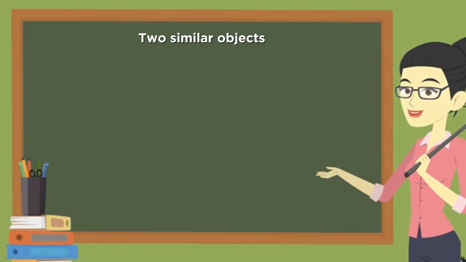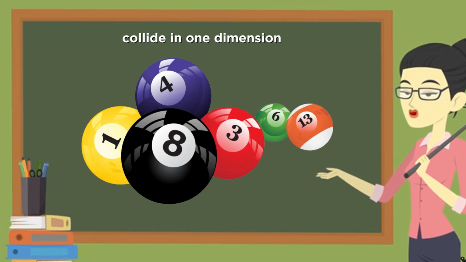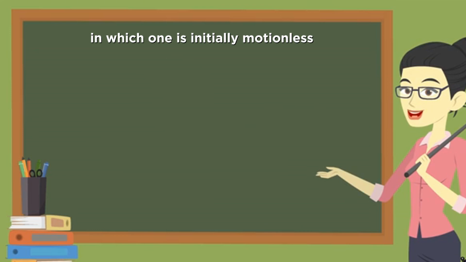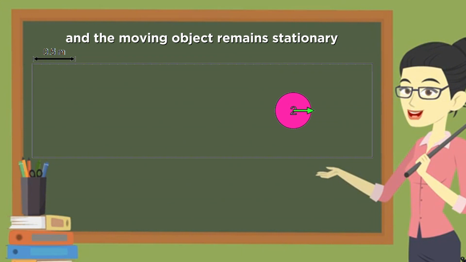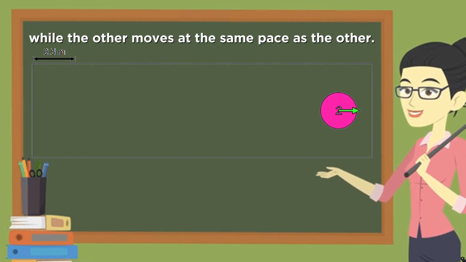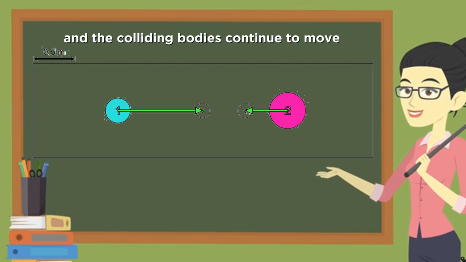Two similar objects, such as billiard balls, collide in one dimension in which one is initially motionless, and the moving object remains stationary while the other moves at the same pace as the first. This is a collision in which both momentum and kinetic energy are conserved. The colliding bodies continue to move in the same straight line afterwards.